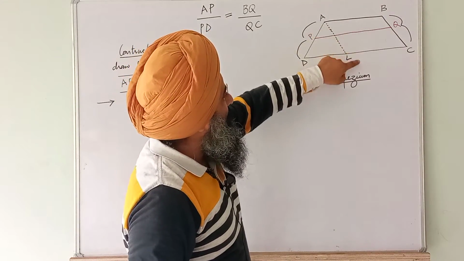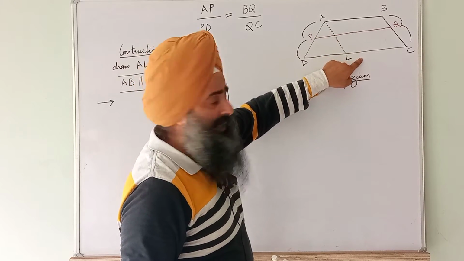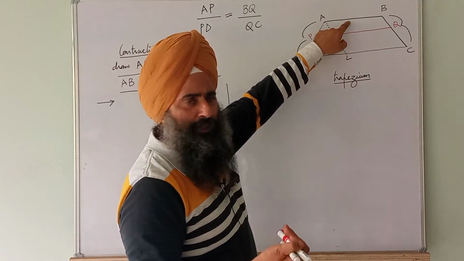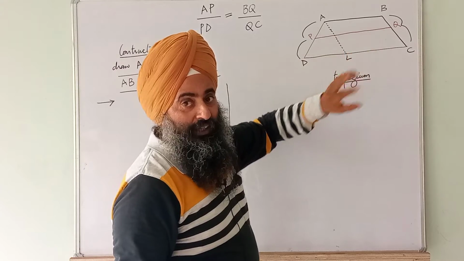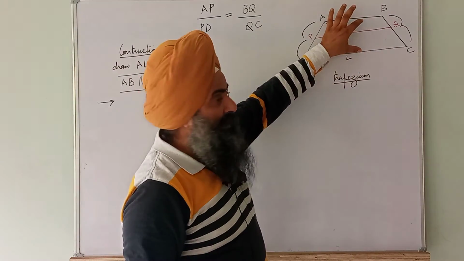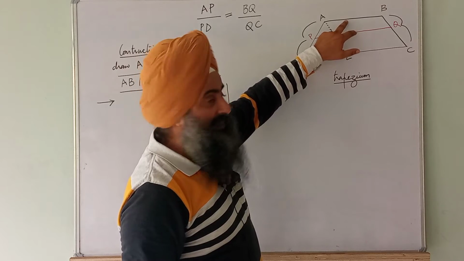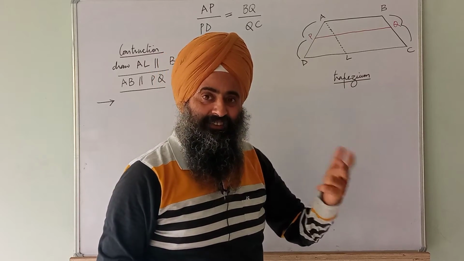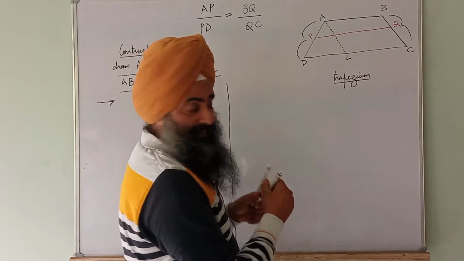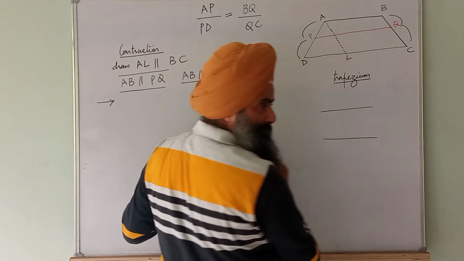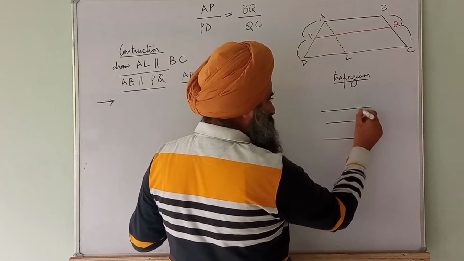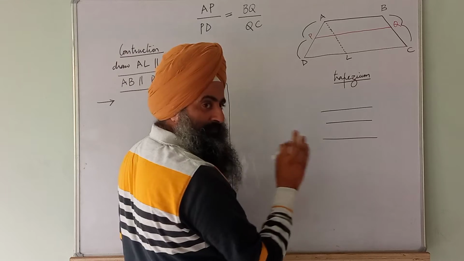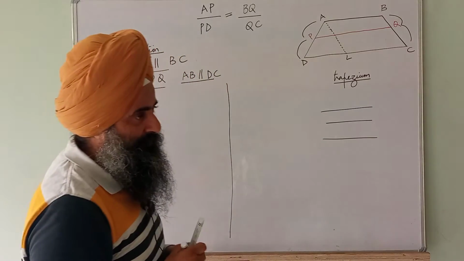So these two lines are parallel, and this line is parallel to one of the sides, either AB or DC. If two lines are parallel and a third line is parallel to one of them, it will also be parallel to the other. Remember that. This is very important.